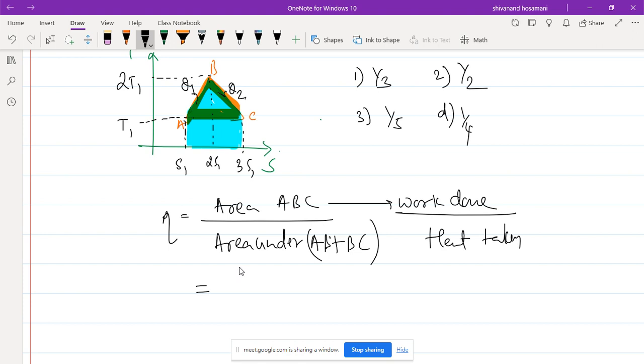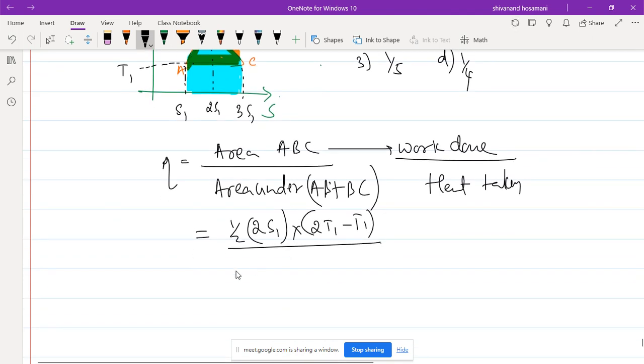The base length is 2S1, and the height is 2T1 minus T1, that is T1.